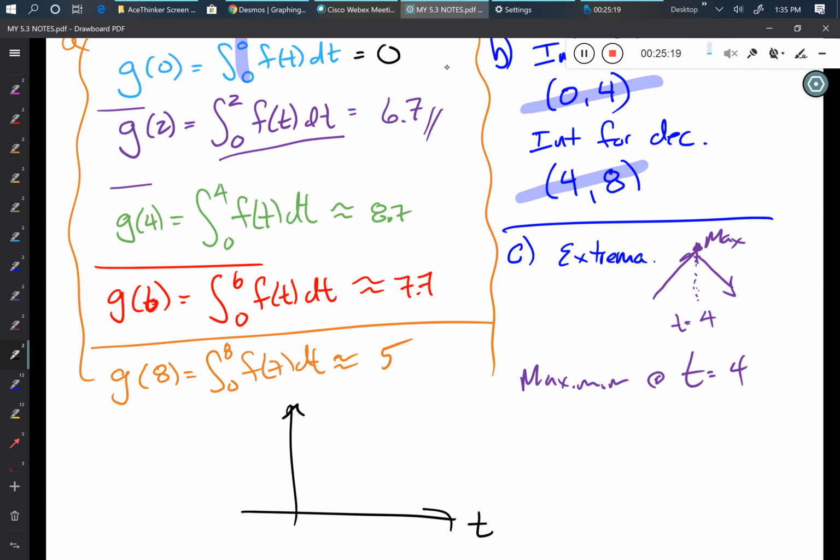It goes from 0, and then at 2 it's up at 6.7, and then at 4 it's up at 8.7, and then at 6 it's down to 7.7, then at 8 it's down to 5.